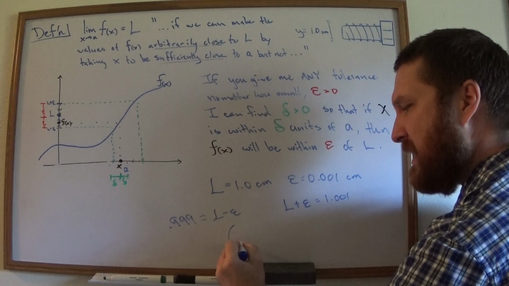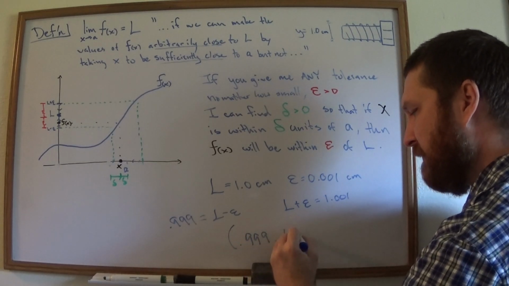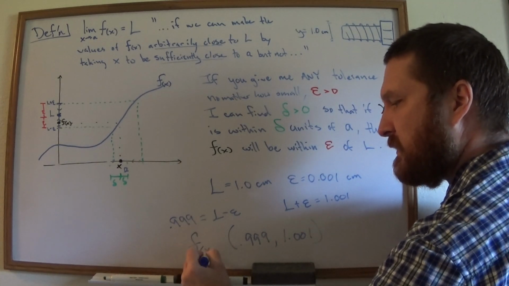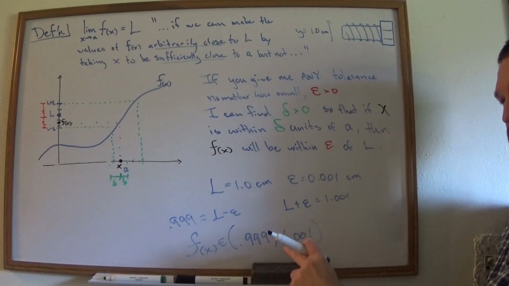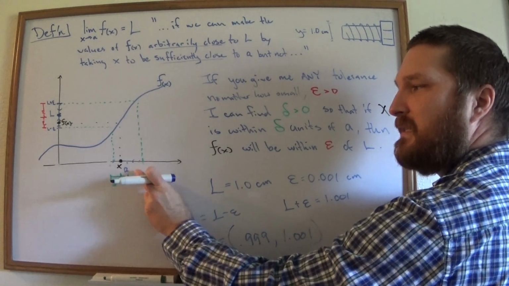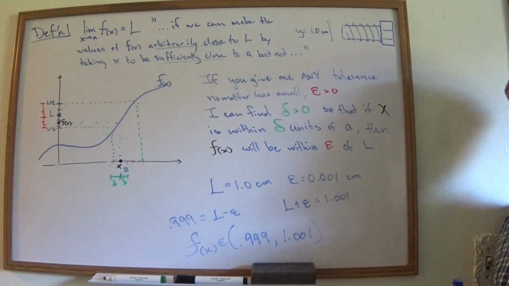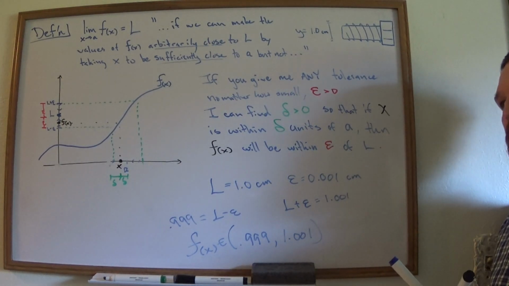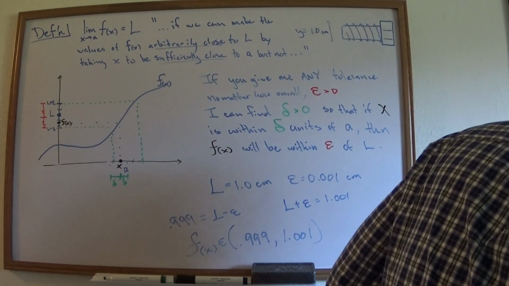And what we're saying here is that I can make the values of f of x within this range by taking x to be within a certain distance of that target right there. Okay? But not equal to the target. Right? Okay. So, here we go.